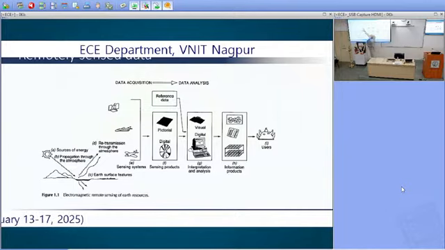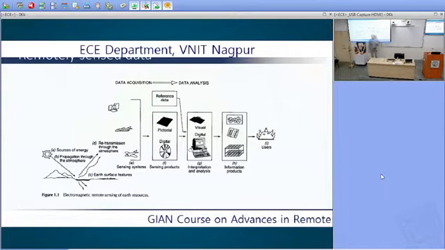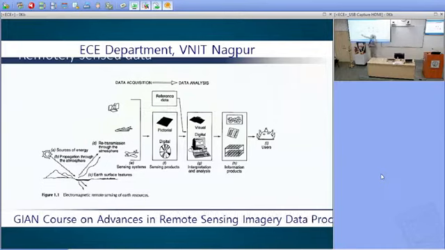Now, we move basically at the interface between the physical world and the data world to understand a little bit better how these physical quantities, these physical variables are turned into numbers.